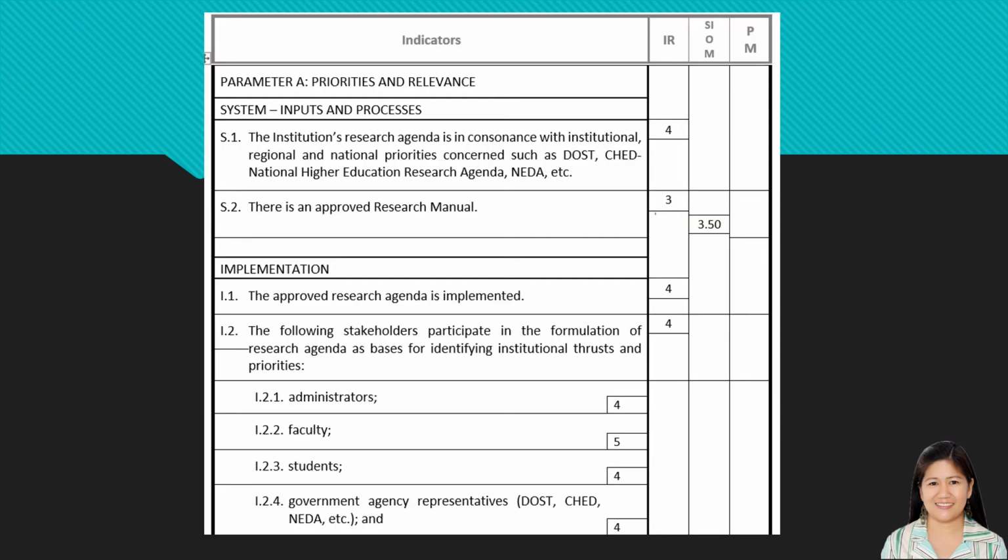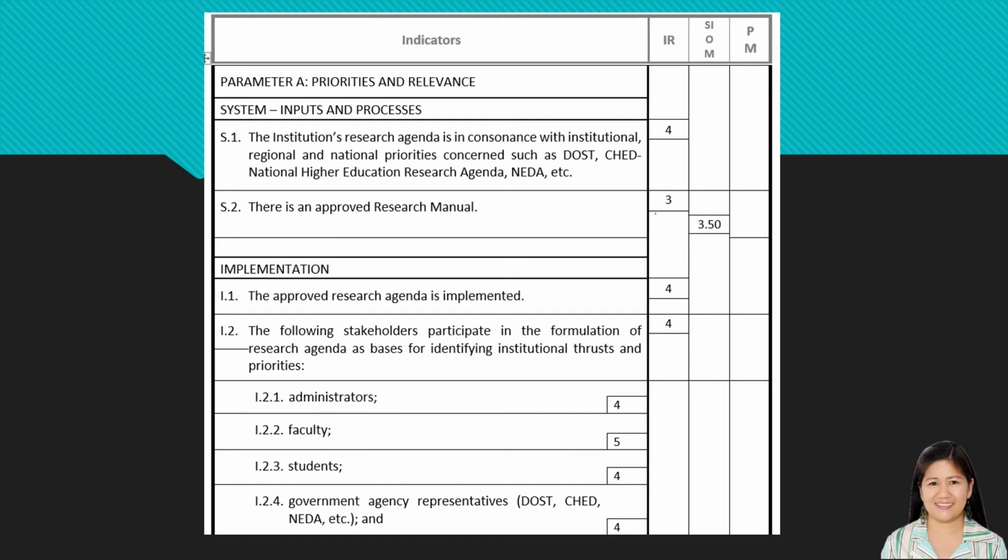Ito po yung parameter A, priorities and relevance. So, kung makikita po natin sa systems, inputs, and processes, meron siyang dalawang subheadings or meron siyang dalawang item rating. So, there are 2 items at i-rate natin siya. Itatapat po natin doon sa columns para later on mas madaling mag-compute.